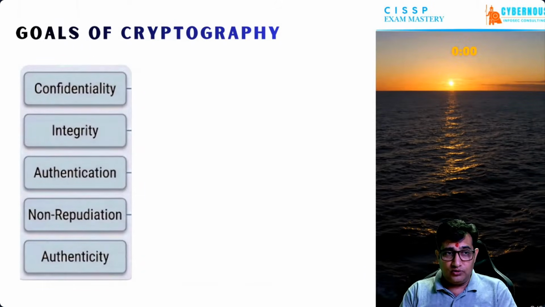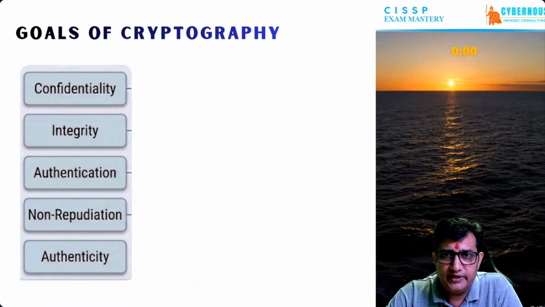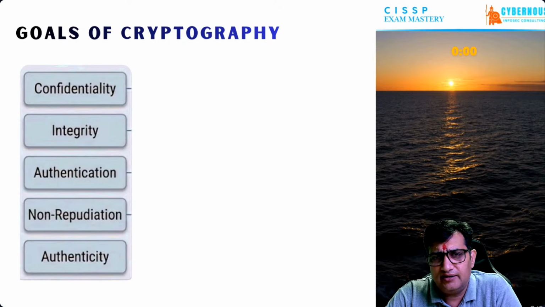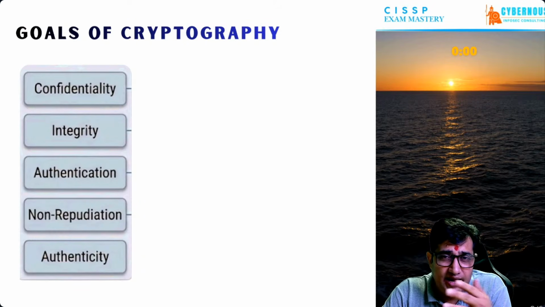Let's go through the first most important thing which is tested in the CISSP exam, and that is the goals of cryptography. As we all know, cryptography is the science of making sure that the plain text which is going to be sent to the other party is encrypted so that an unauthorized party does not have access to that information.